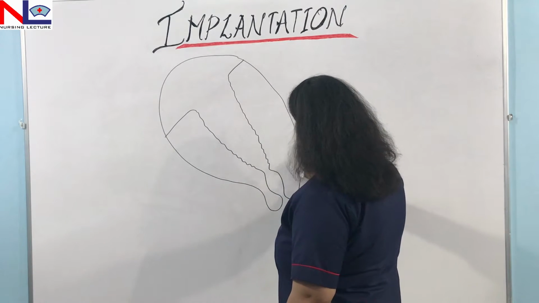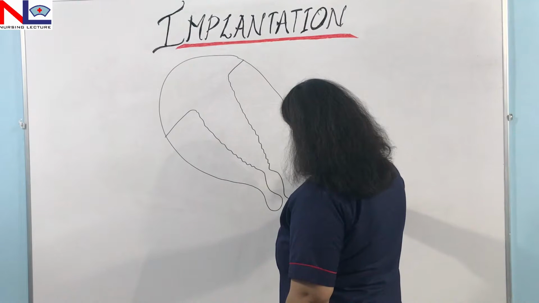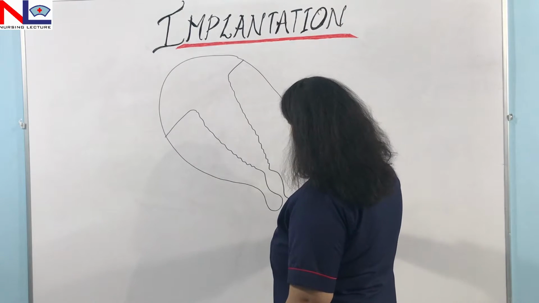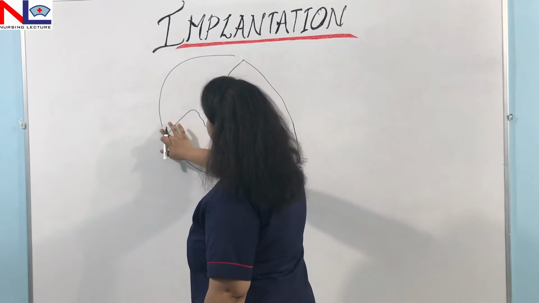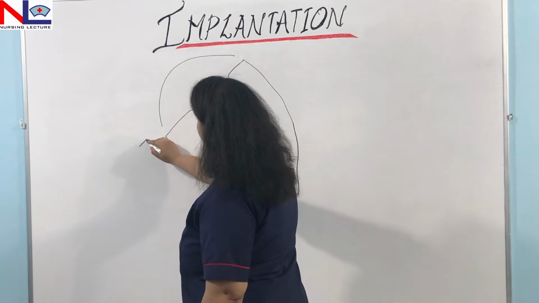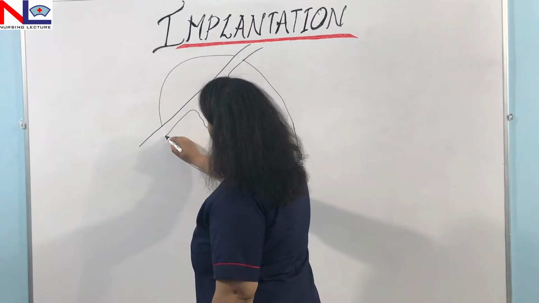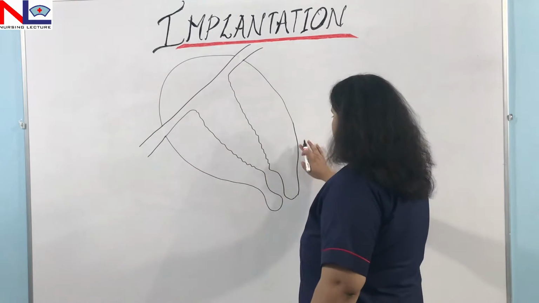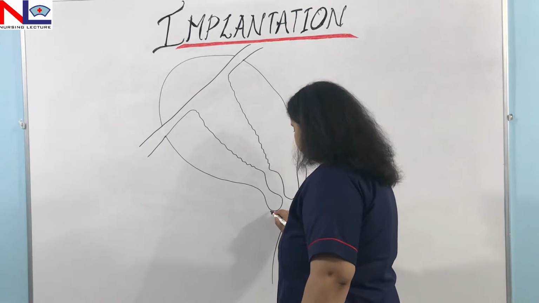So here it is the uterus, and there it is the uterine tube, and the vagina.